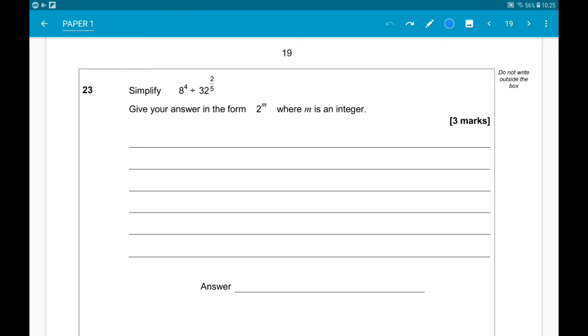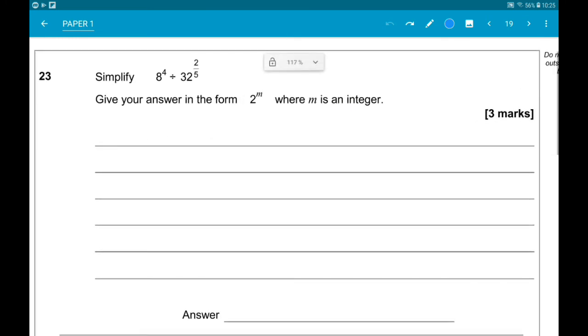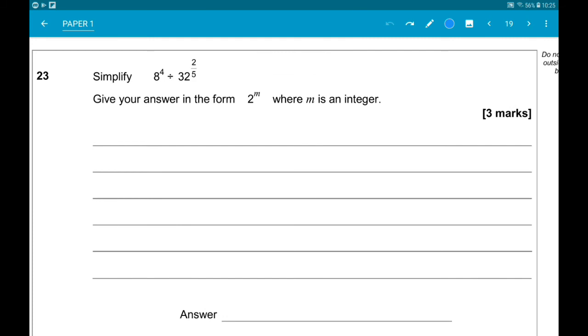We need to express each part as a power of 2. So, first up, 8 to the power 4. Well, 8 is 2 to the power 3. So we can say this is 2 cubed to the power 4, which is then 2 to the power 12.